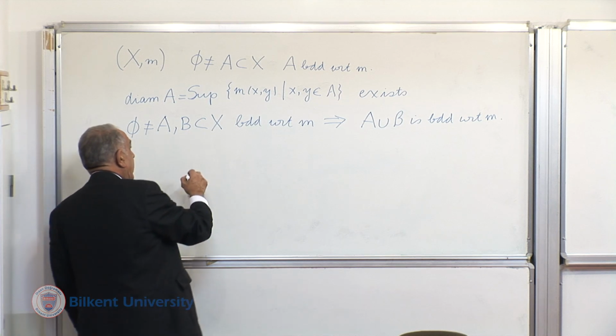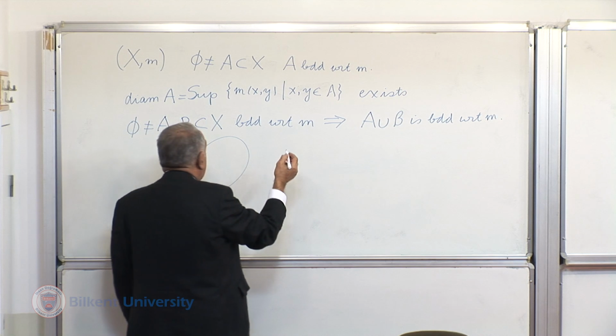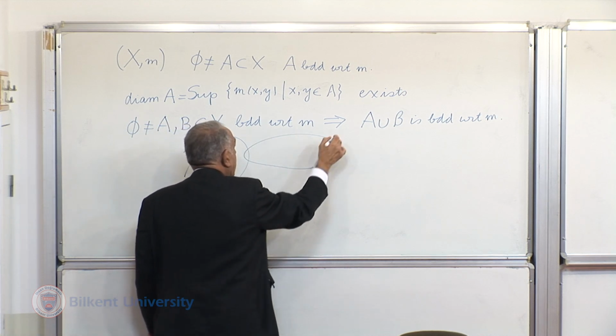Now, the idea here is, this is A. Well, this may or may not have an intersection with B.